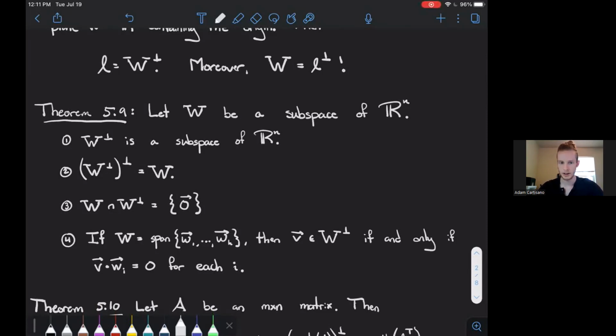How can a plane meet a line? Well, they can either meet transversely, so the line pierces the plane, or the plane contains the line.